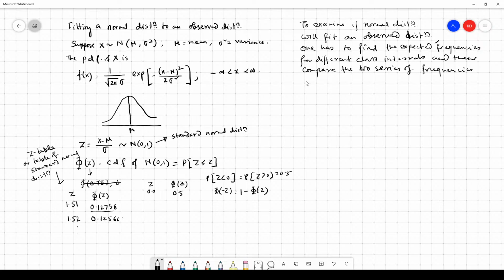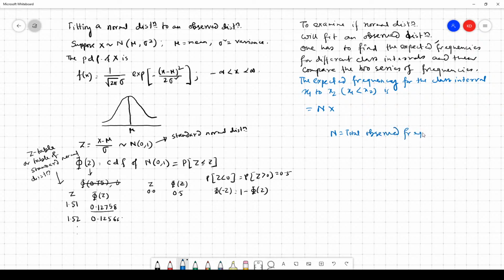For different class intervals, the expected frequency for the class interval x1 to x2, where x1 is less than x2, is N, the total observed frequency, into probability x1 less than capital X less than x2.